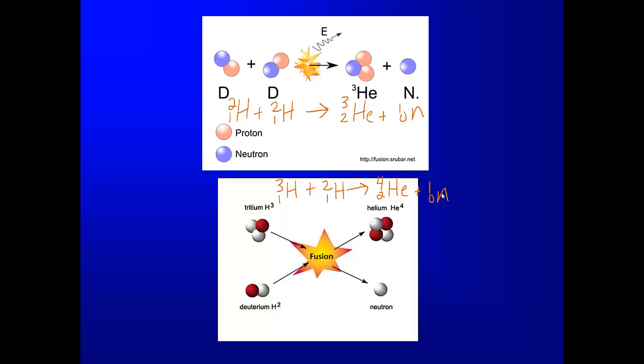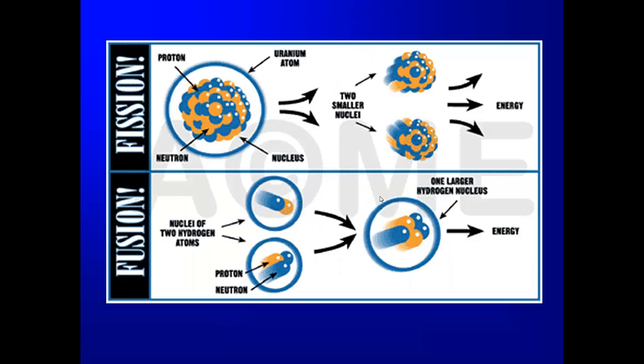So there's not just one type of fusion reaction, but look what we have. Two very light forming one slightly heavier. So let's do a quick comparison again, because you need to know the difference. Fission, one big heavy splitting into two medium.